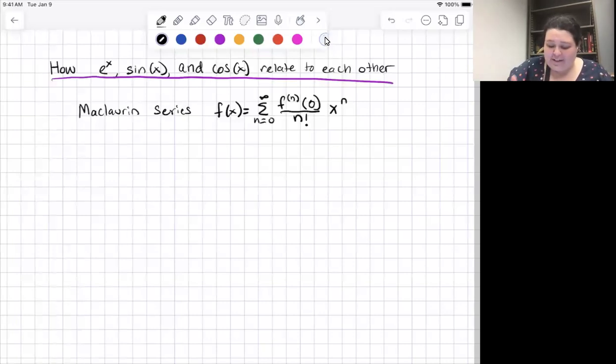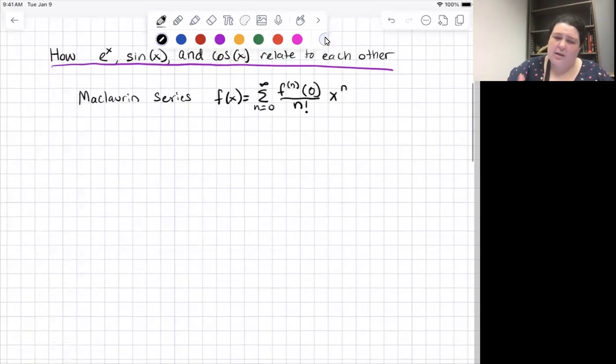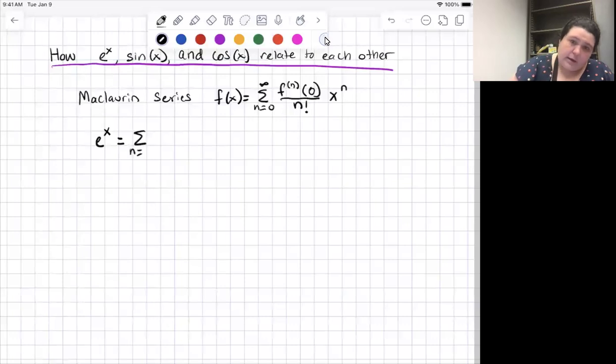For a series like this, we're not going to go through the proof of why these particular series that I'm about to use are the way they are, but if you're familiar with the Maclaurin series, we can show that the exponential function e to the x is the sum from n equals 0 all the way up to infinity of x to the n over n factorial.